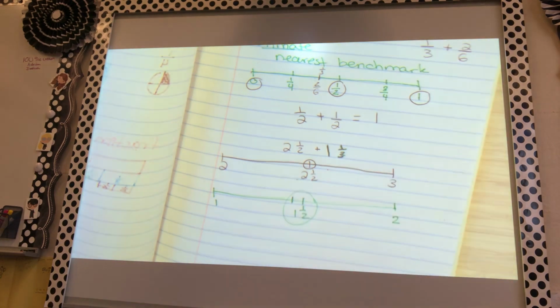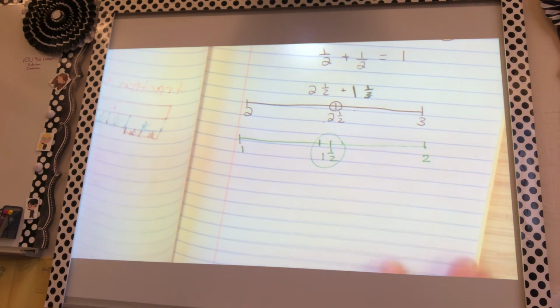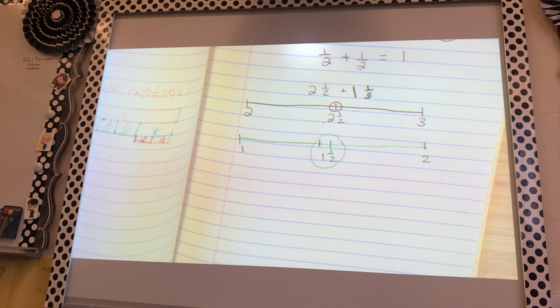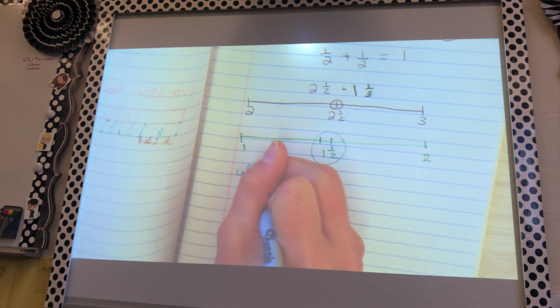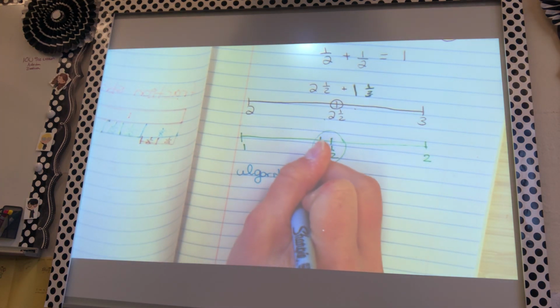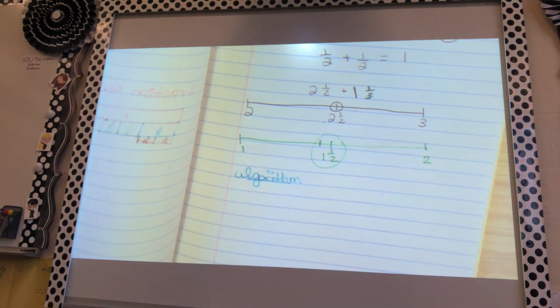Okay, so now that we have our estimates down, we're going to look at adding with common denominators, which we kind of already did. So this is just the algorithm. And with the algorithm, I can do a couple of different ways.